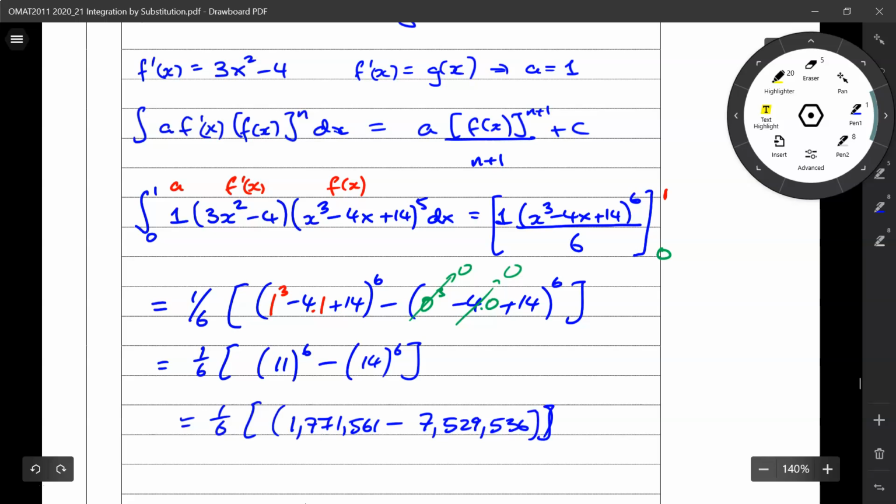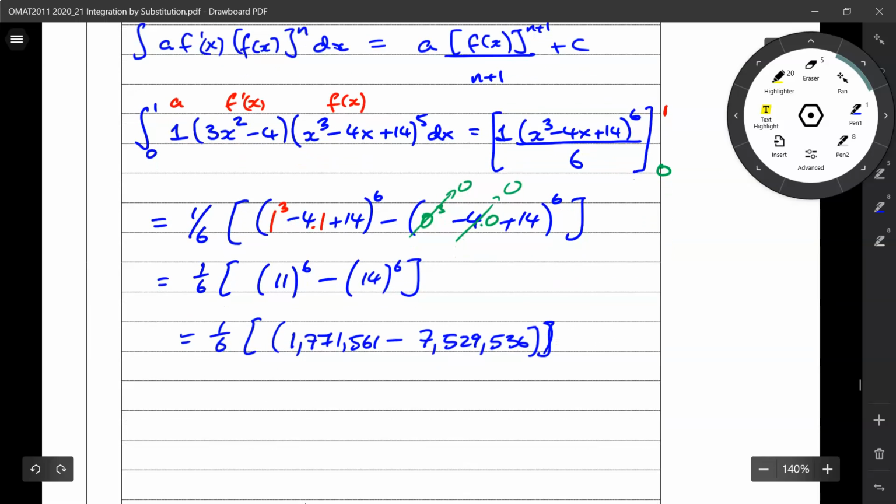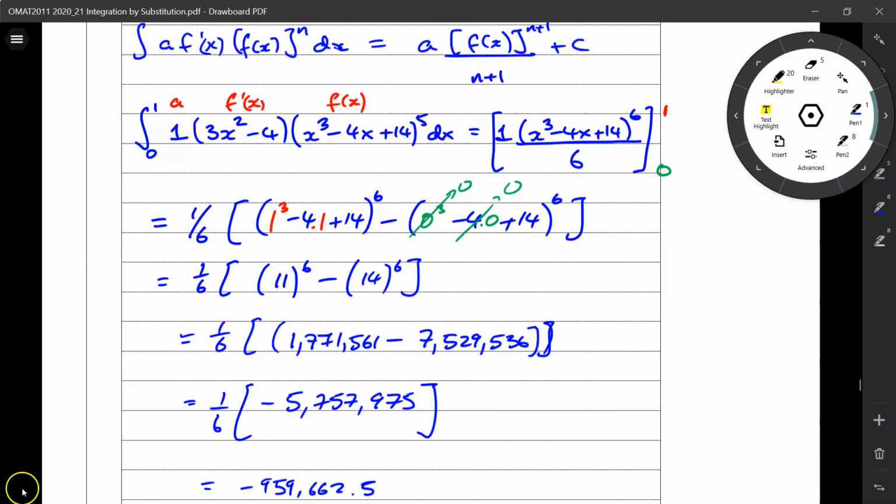And that gives us 1/6 into minus 5,757,975. And finally, dividing by 6 gives minus 959,662.5. So we get a huge number there, but that is the final answer. Okay, thank you.